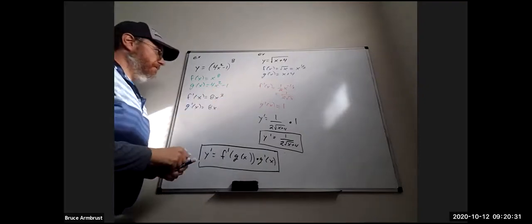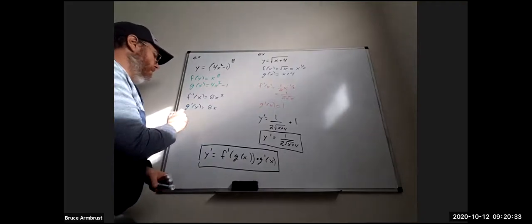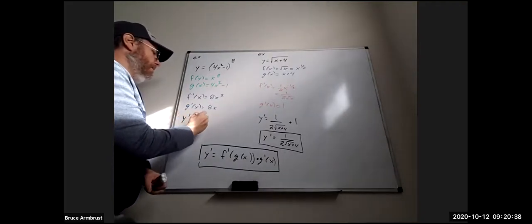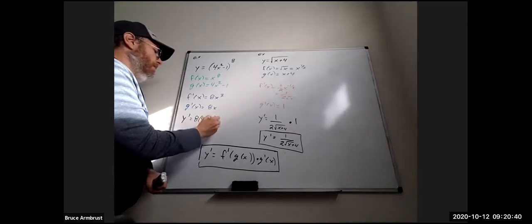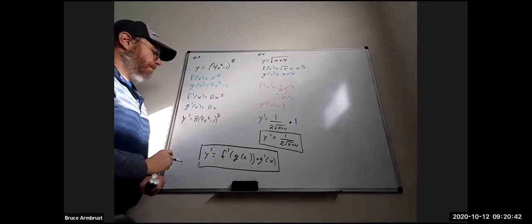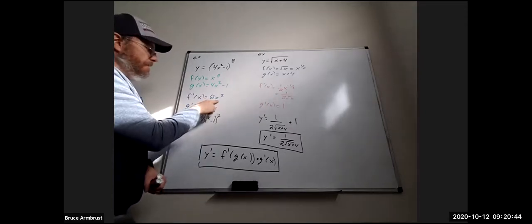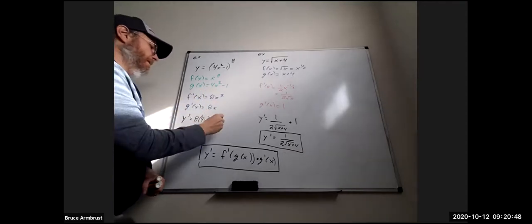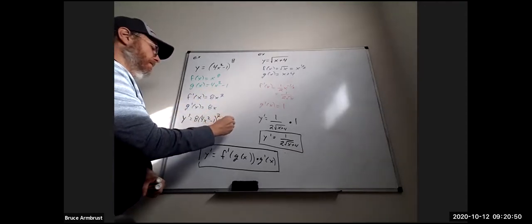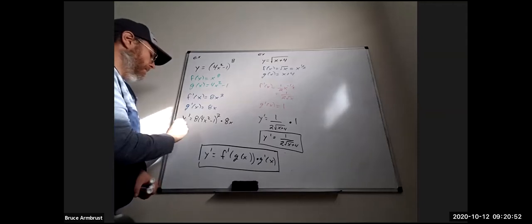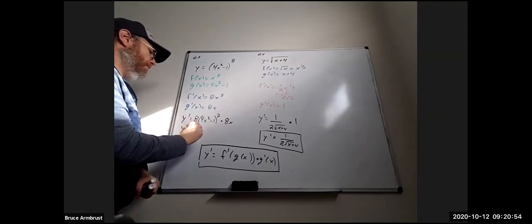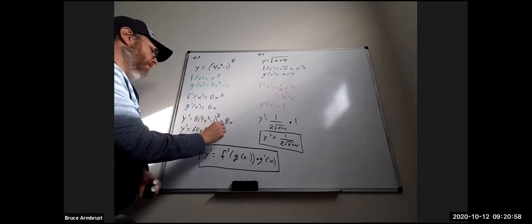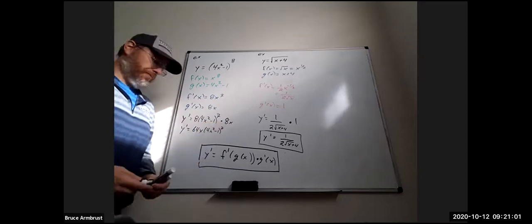So here's our derivative: y prime is 8 times 4x squared minus 1 to the 7th. I've got my 8x to the 7th, but I'm plugging in my original function. And then that's times 8x. So y prime here is 64x times 4x squared minus 1 to the 7th.